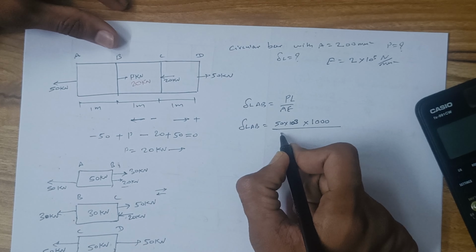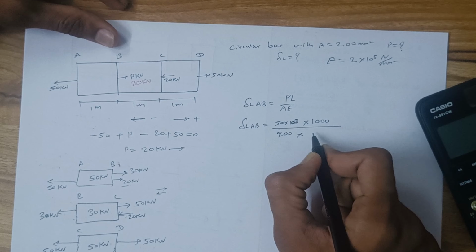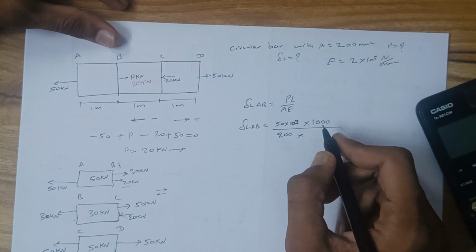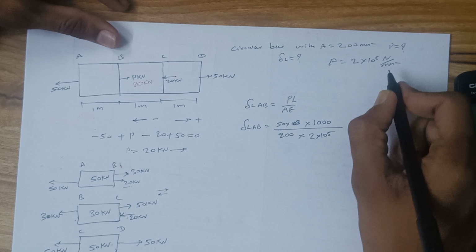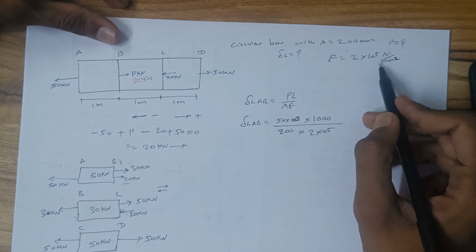Now area is 200 mm square and E is 2 into 10 raised to 5 Newton per mm square. It is in megapascal, so we do not need to convert this.